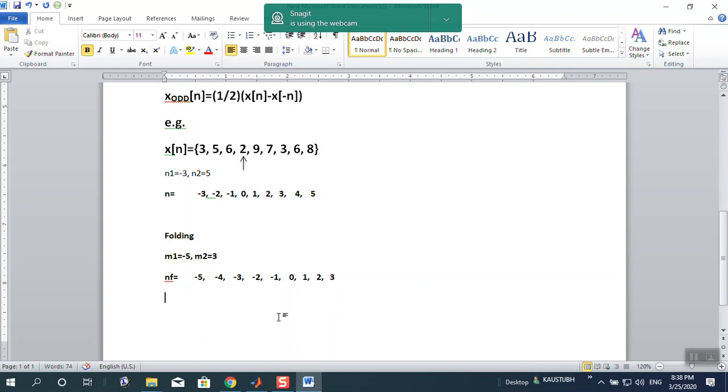Now how will we get the values? The value that was there at +5 will now be at -5. So I am considering xf as the folded sequence.